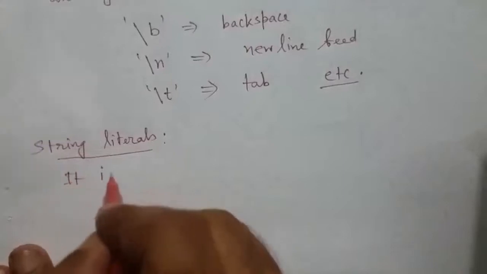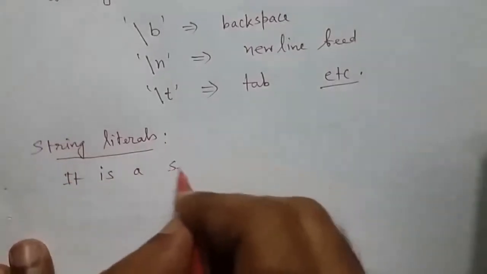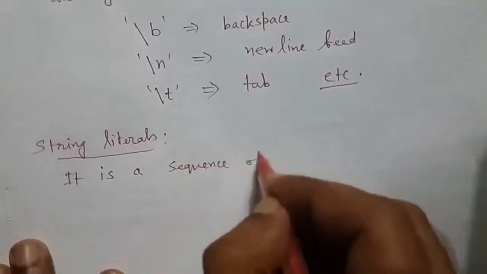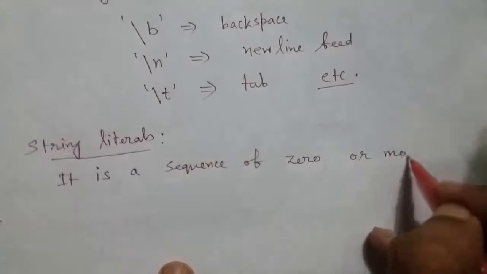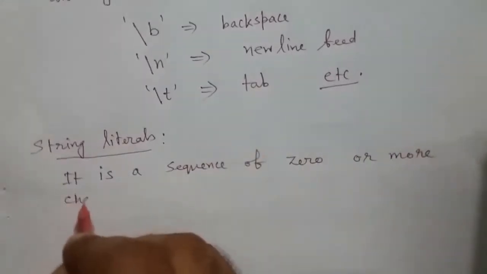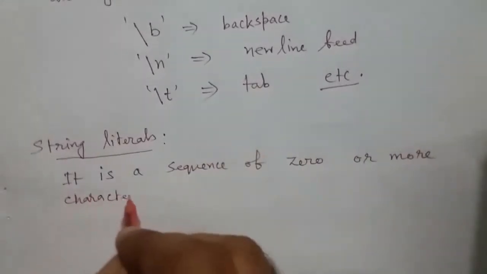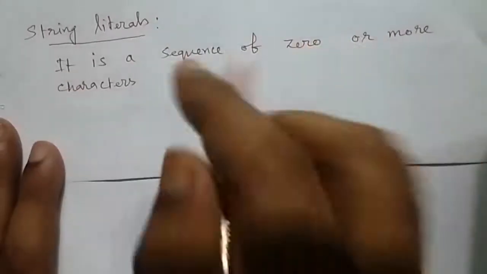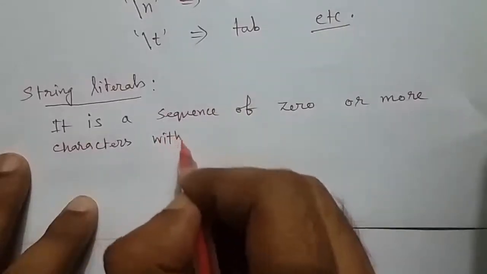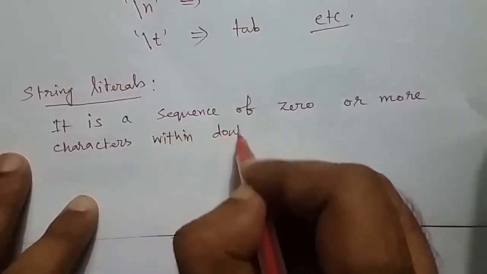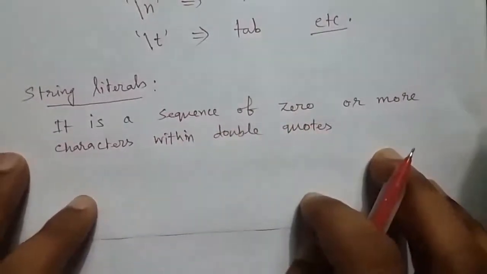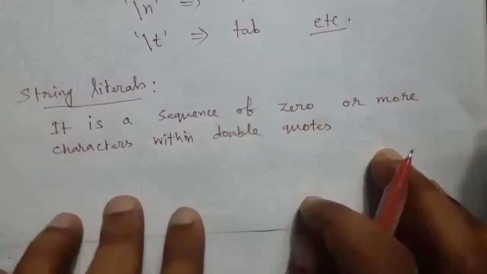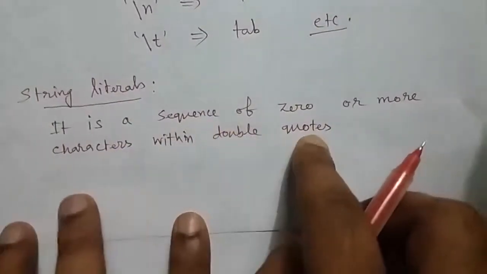It is a sequence of 0 or more characters within double quotes. So remember, character literals are enclosed within single quotes and string literals are enclosed within double quotes.